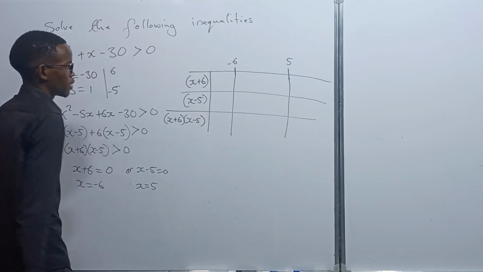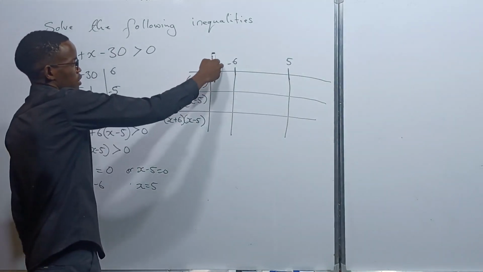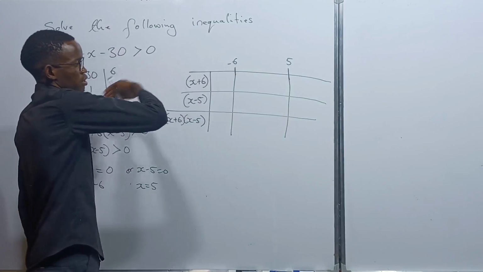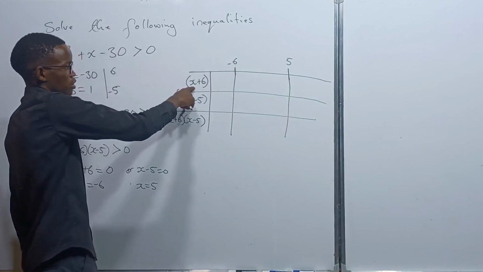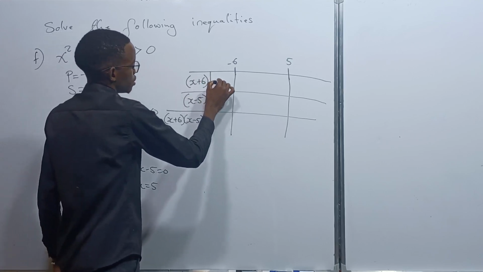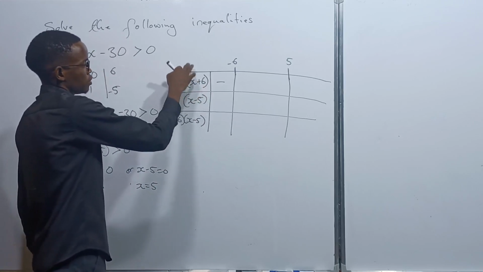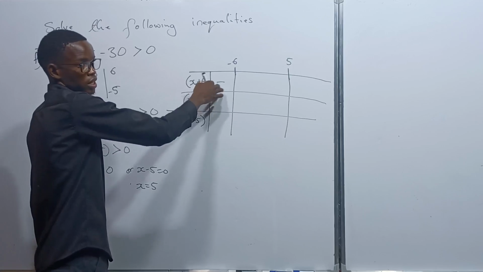We pick any value that is less than negative 6. If we take negative 7, then negative 7 plus 6 remains with negative 1, which is a negative number.